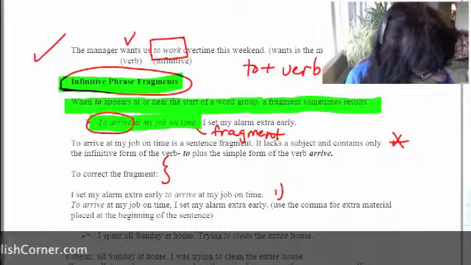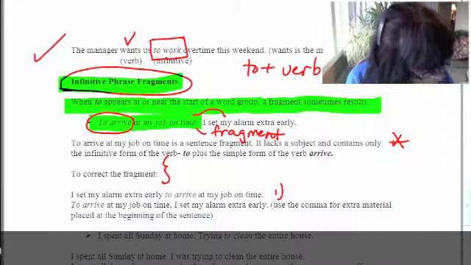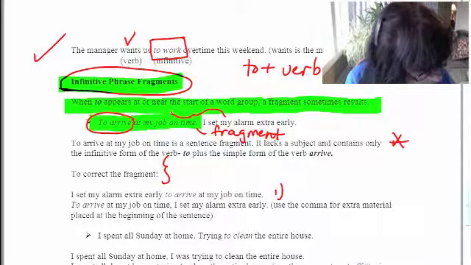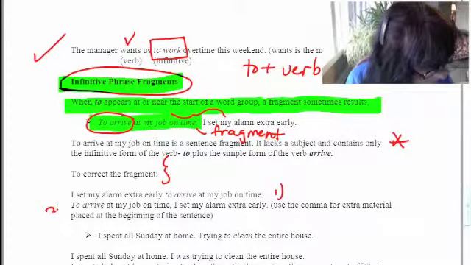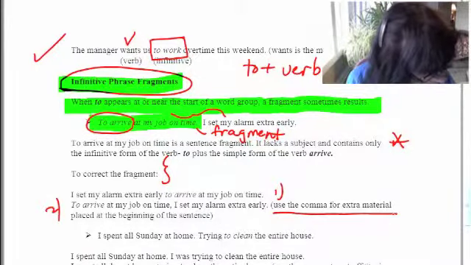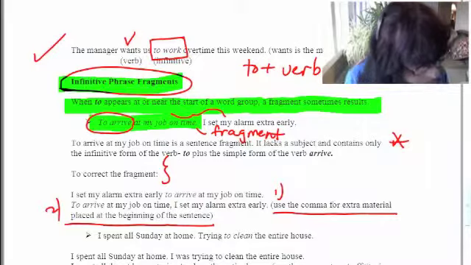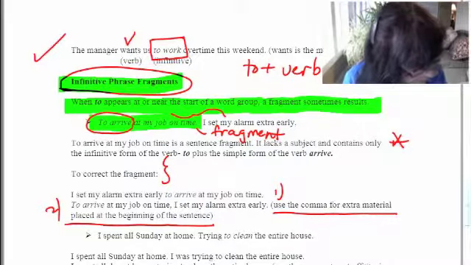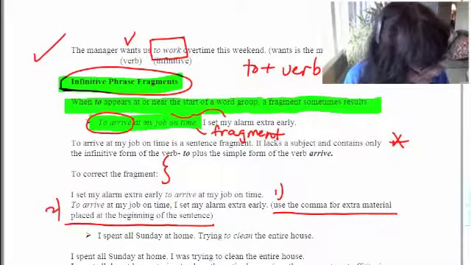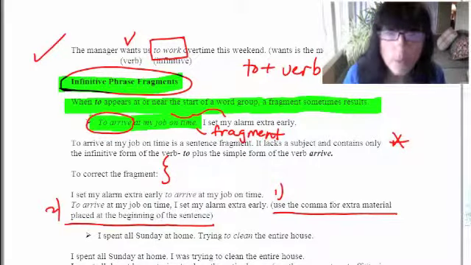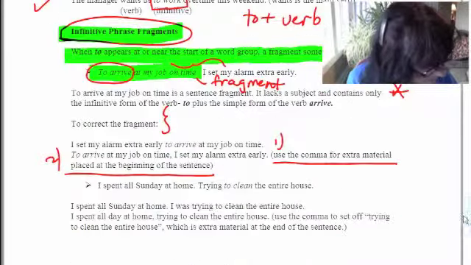Or, to arrive at my job on time, comma, and I've joined the two sentences: I set my alarm extra early. So in this second example, you can use the comma for extra material placed at the beginning of the sentence. So now you'd say, to arrive at my job on time, comma, I set my alarm extra early. There are different ways to correct a fragment.